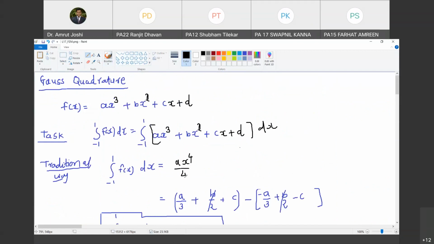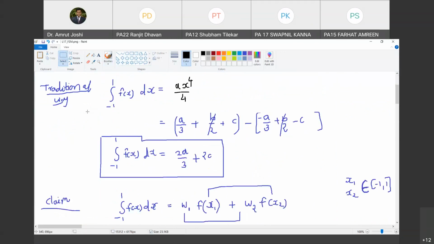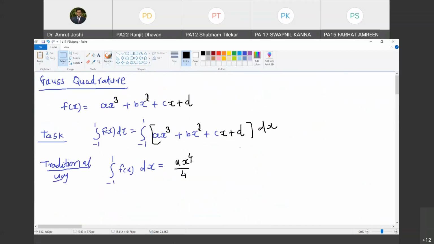And now I will take a liberty. I will not keep on substituting this 1 and -1 separately. See, if I substitute 1 here, it is a by 4. If I substitute -1 here, it is still a by 4. So a by 4 are going to get cancelled, and therefore I am not going to have this term. Do you agree with me?